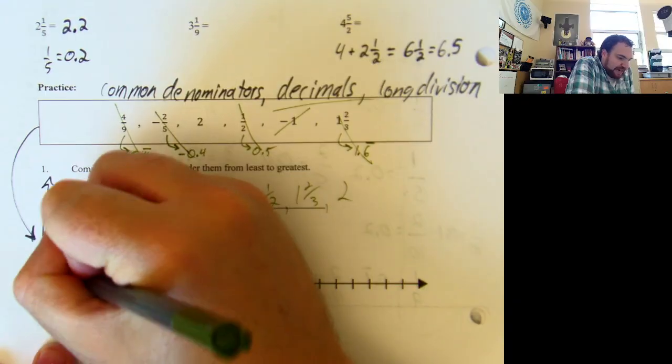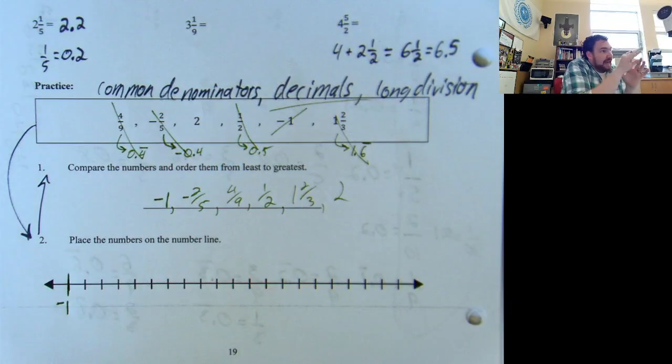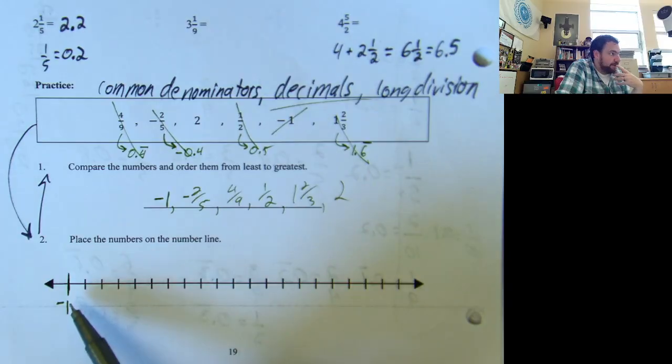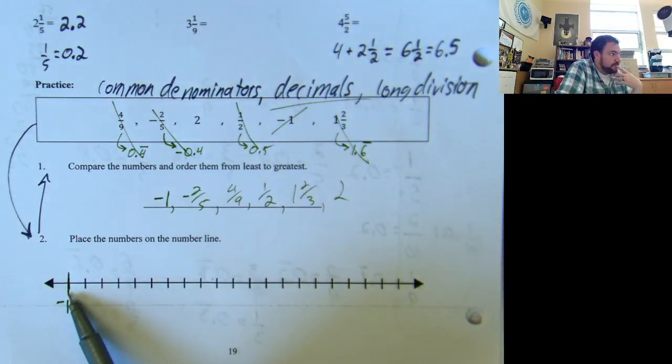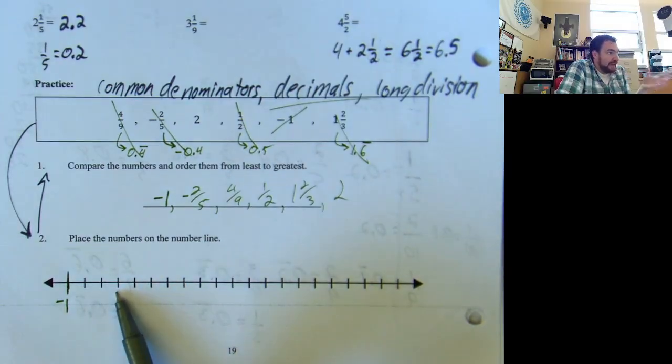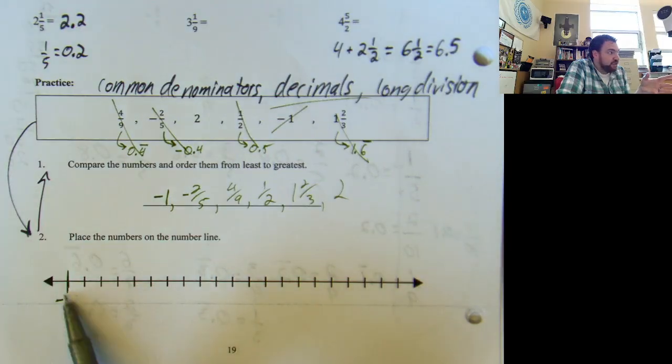No. Okay, so you're going to put negative 1 there. I would use that as your reference and then build your scale away from negative 1. How do you want to make your scale, William? Are you just going to go negative 1, 0, 1, 2 and call that good? Or do you want to have more space between your whole numbers to give you some space to work with?